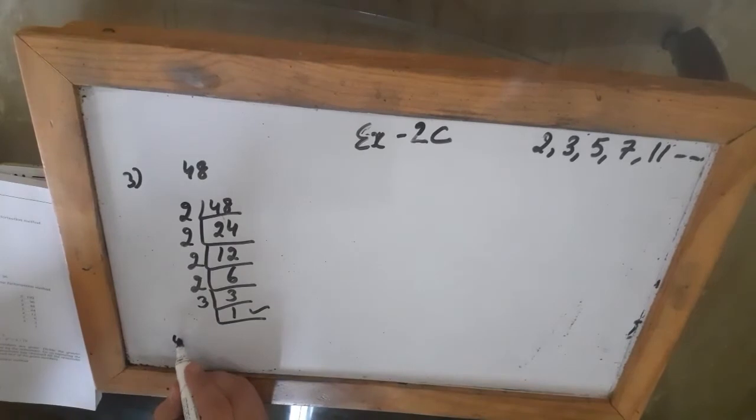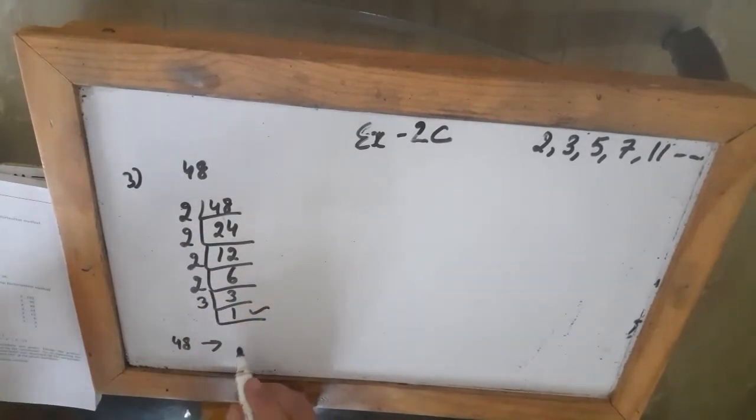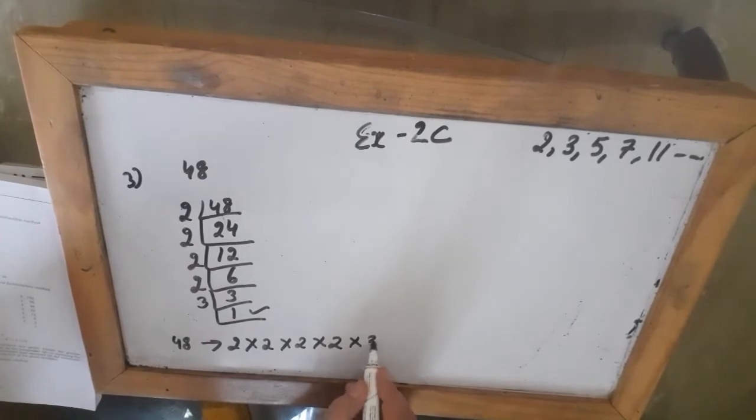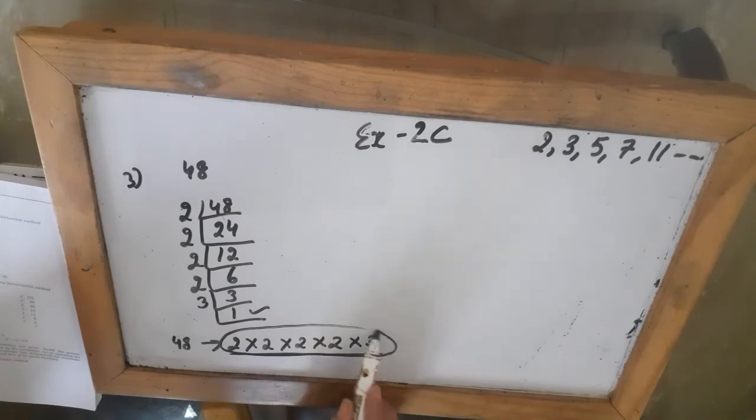So now what are the prime factors of 48? All these numbers are the prime factors of 48. I have written 2 four times, into 3. So you can see that I have written 48 as a product of its prime factors.